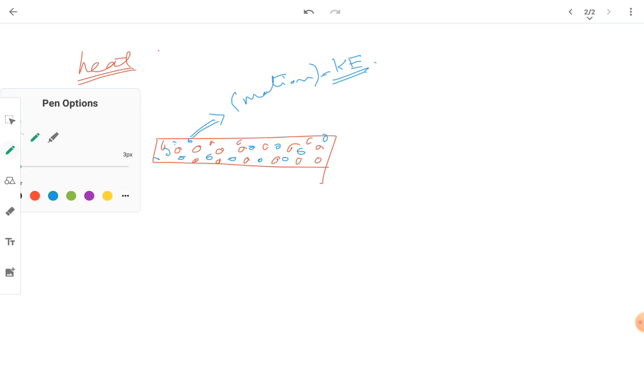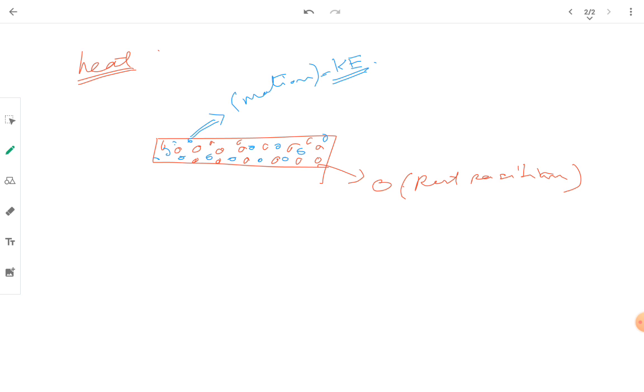And if we take the red one as the atoms that are in a rest position, then if we sum this one and this one, we will call this the heat energy.